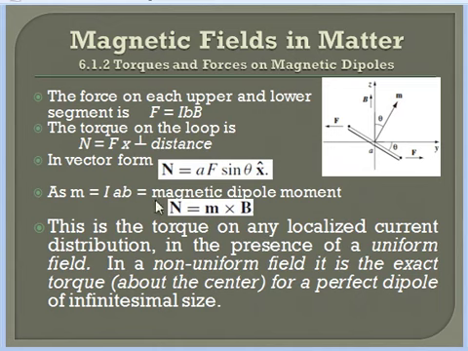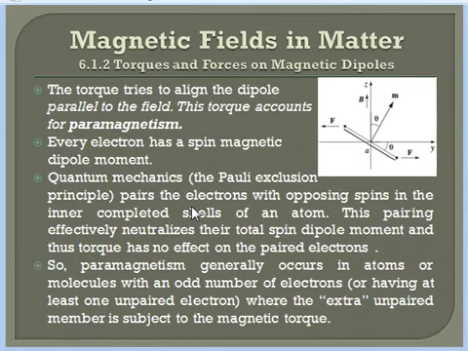That is, this expression is valid for all loops in a uniform magnetic field. But in the case of a non-uniform magnetic field, this expression is valid only for a perfect dipole of infinitesimal size, which is called an ideal dipole. That is, the dipole should be infinitesimally small in a non-uniform magnetic field if we have to apply this expression for the torque acting on the dipole.